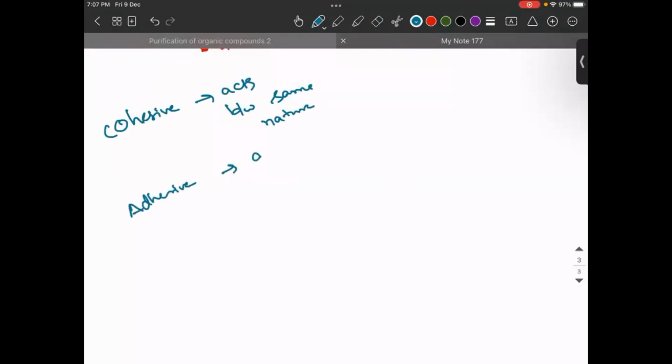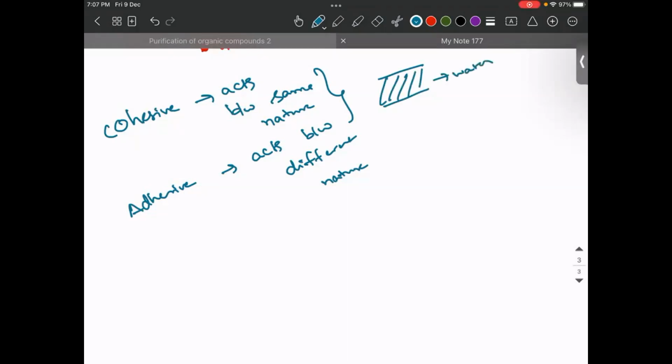Adhesive acts between different natures. For example, if you take a column of water, and a water molecule here is experiencing a force due to another water molecule, that is called cohesive. Co means same.